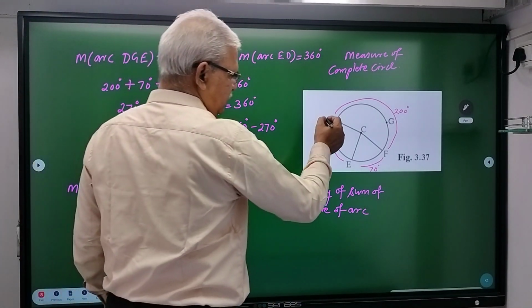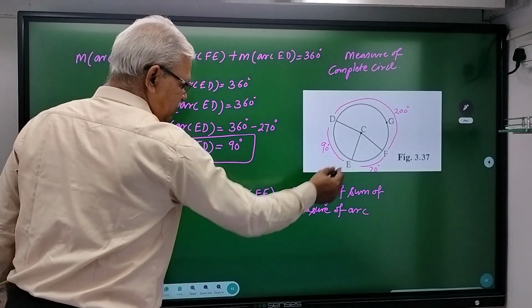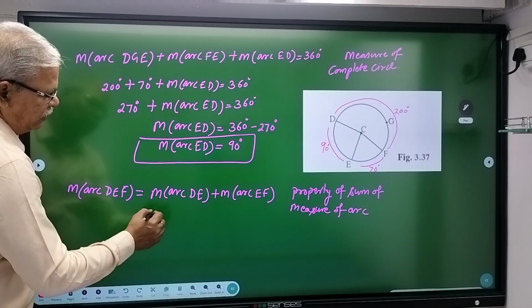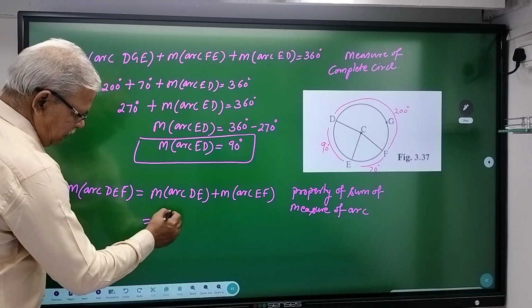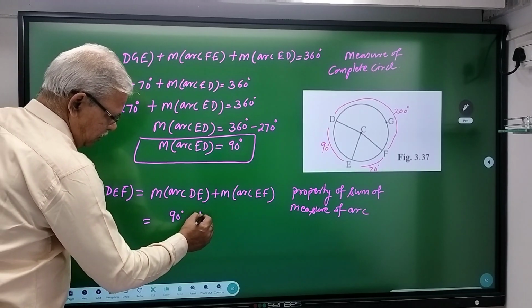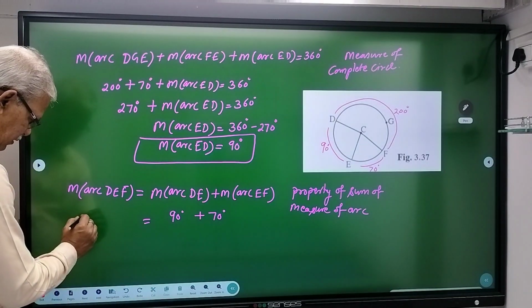Why? Because in these two arcs only E is the common point. Therefore, we can do its addition. Here DE is equal to 90 and EF is equal to 70.